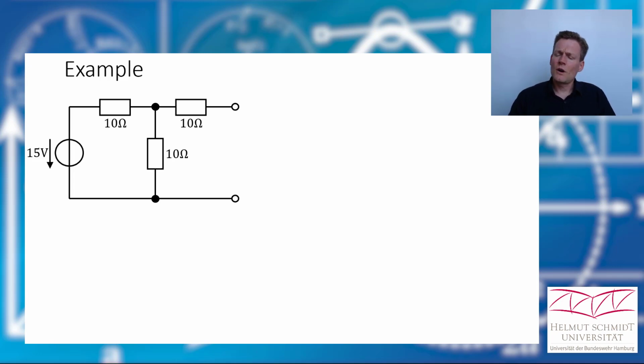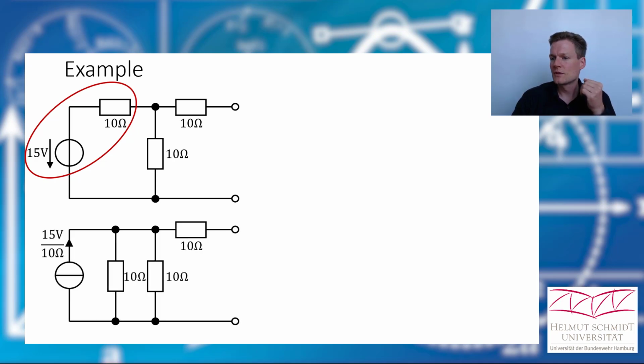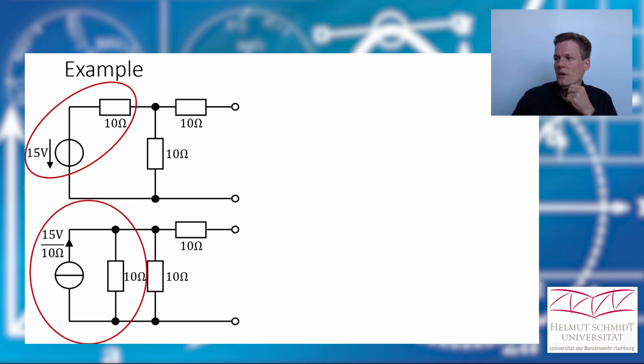When we have a look at the circuit, we could say, hey, here is a practical voltage source, an ideal voltage source with a resistor in series. And we could transfer it into a practical current source. It looks like this. So this here is our practical current source generated from our practical voltage source.